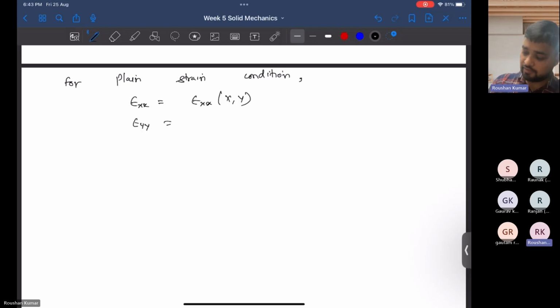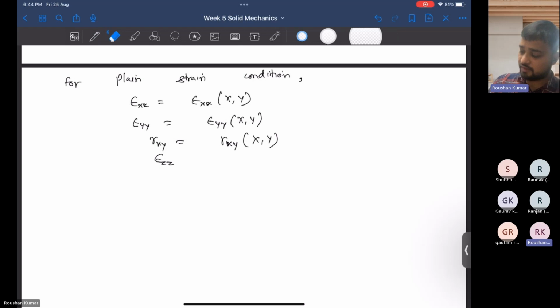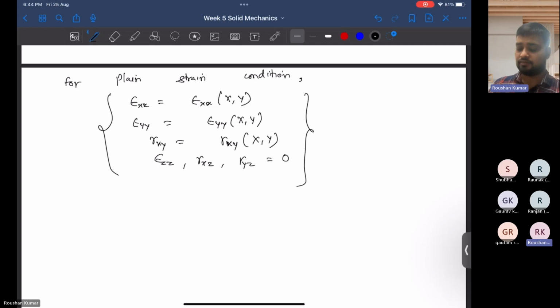Epsilon yy is only a function of x and y. Gamma xy is only a function of x and y. And epsilon zz, gamma xz and gamma yz are all 0. So this is the condition for plane strain.